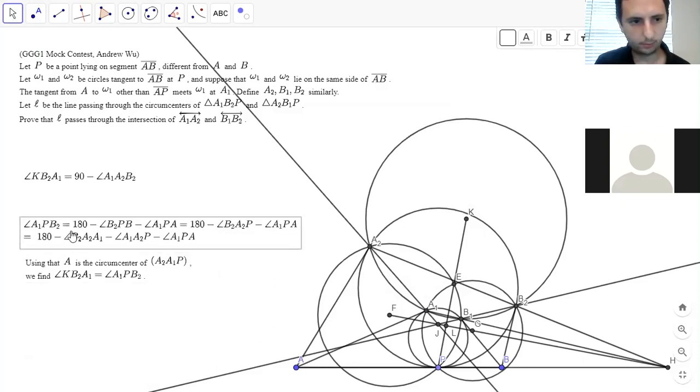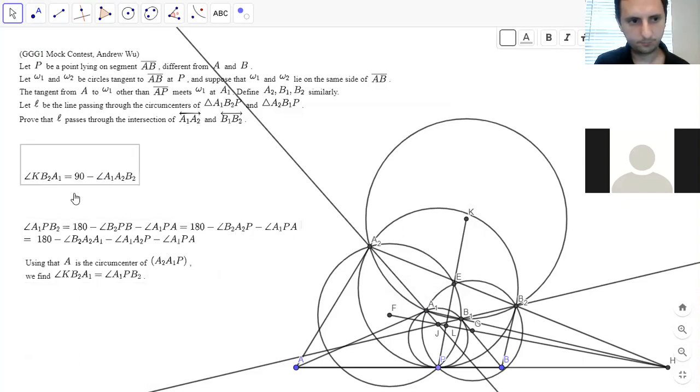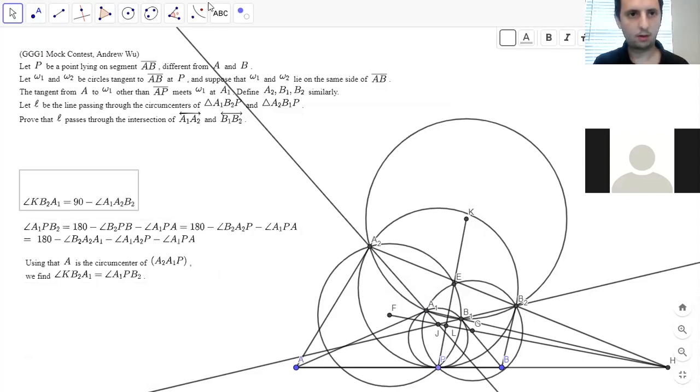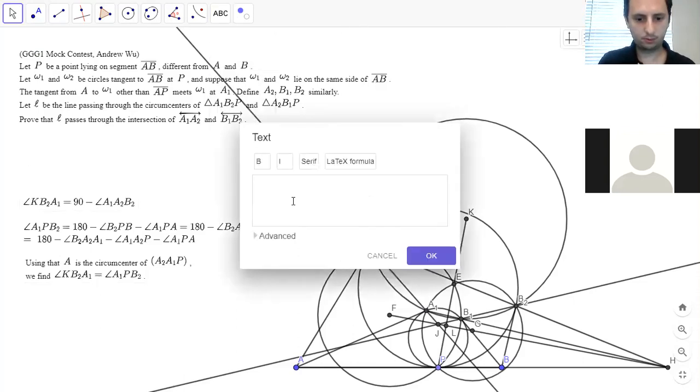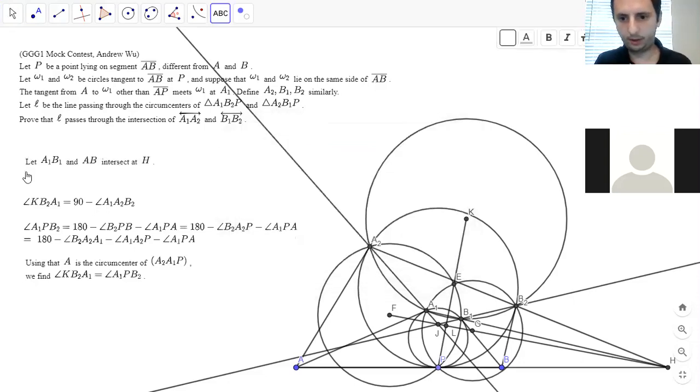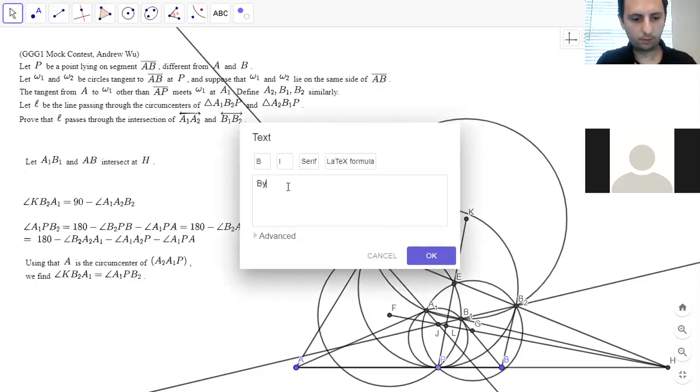But basically the idea was, let A1 B1 and AB intersect at H. And then by extending AA1 and BB1 into a triangle, we find that A, B, P, and H are in harmonic conjugation.